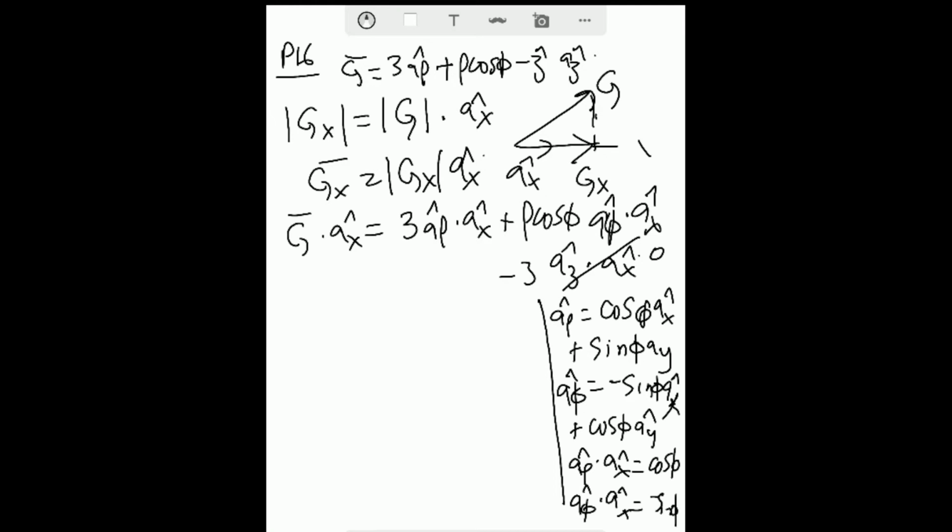So I can come here and multiply 3 by a_rho dot a_x, which is cosine phi, and plus rho cosine phi times minus sine phi.